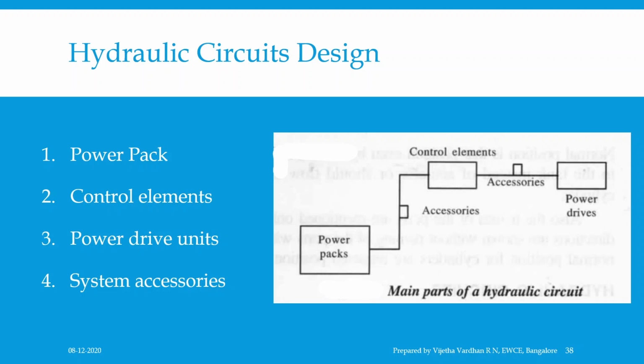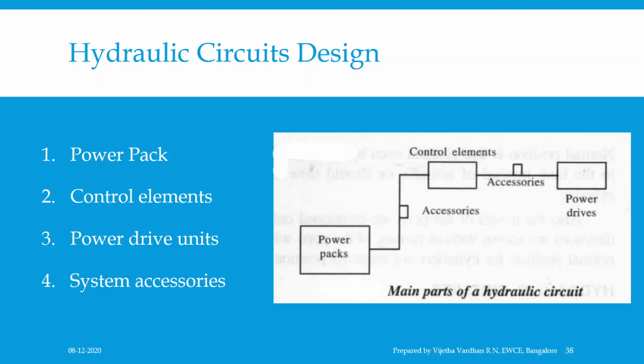Then coming to the power drive unit. The power drive unit consists of such elements and devices which convert the hydraulic energy imparted to the fluid at the power pack back into mechanical energy in the form of work. These power drive units may be actuators, motors, etc. Then coming to system accessories.